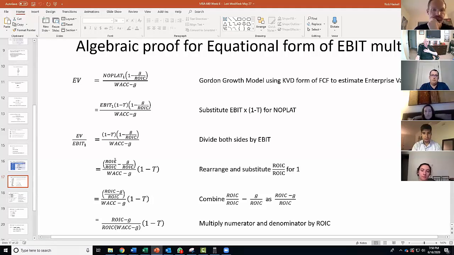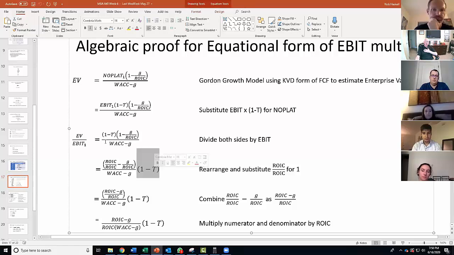That's 1. So I've moved the 1 minus T to the right-hand side, out of my numerator. I'm changing the format here. ROIC divided by ROIC is equal to 1, and I am subtracting from that g divided by ROIC. In my next one, I'm just simplifying that a little bit.